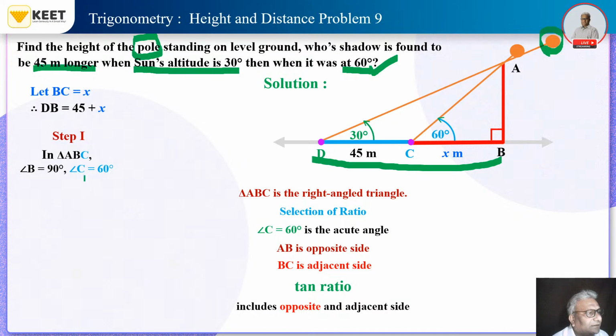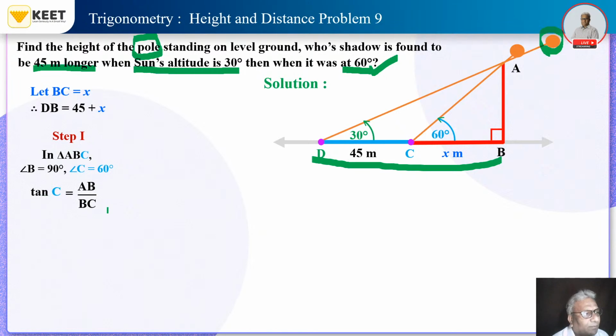So we will write here tan C is equal to opposite upon adjacent, that is AB upon BC. Then just substitute the value of C, which is 60 degrees, and BC, which we are interested in finding out, as x.